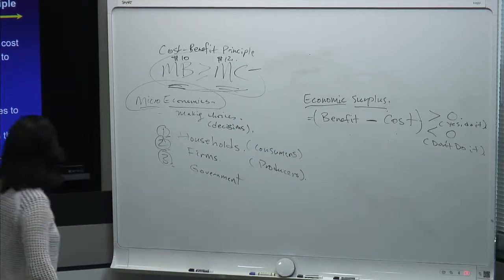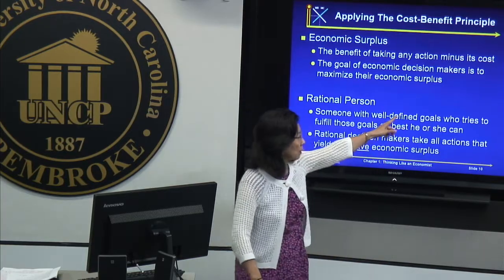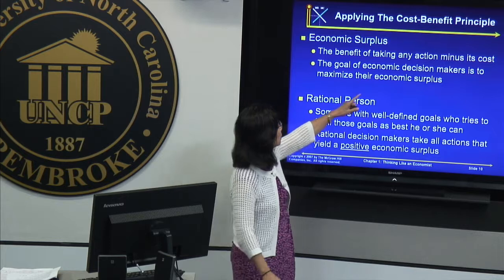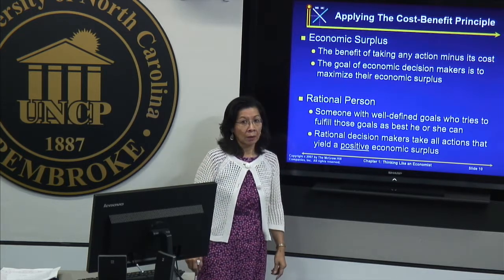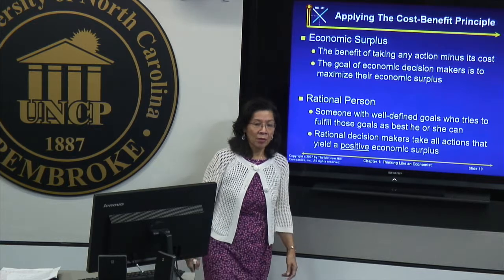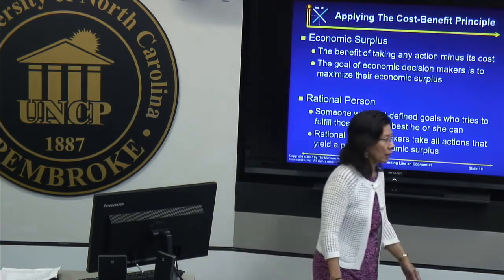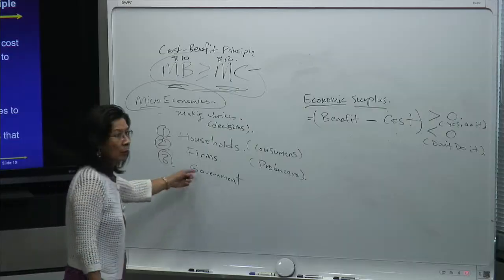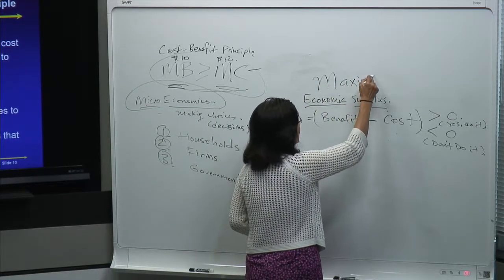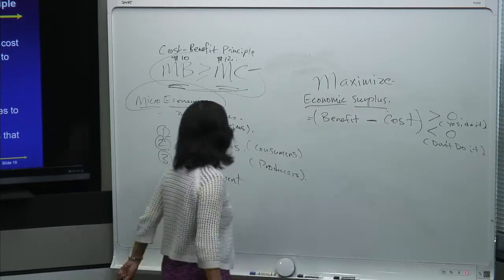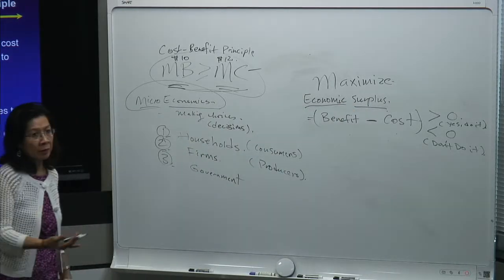The goal of economic decision makers, whether your household, your firm, or government, is to maximize their economic surplus. That's it. If you're a consumer, you want to maximize your economic surplus, and if you're a firm or producer, you also want to maximize the economic surplus, which basically is profits.